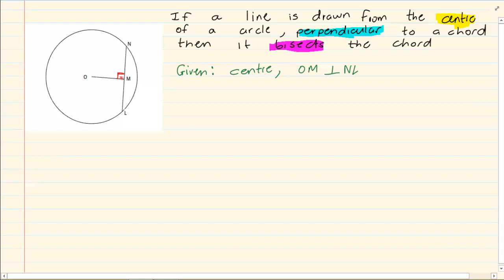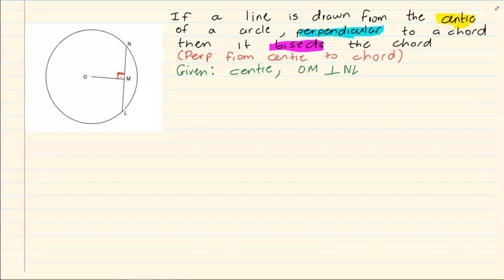Now remember, I told you when we're doing riders, we have to refer to the theorem, but we don't go about referring to it as theorem 1, theorem 2. They all have specific names. Now this specific name is called perpendicular from center to chord. That is the name of this theorem.